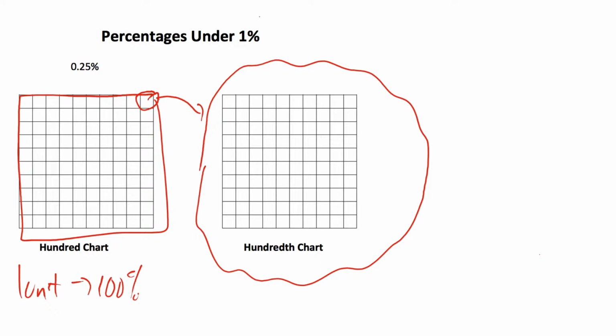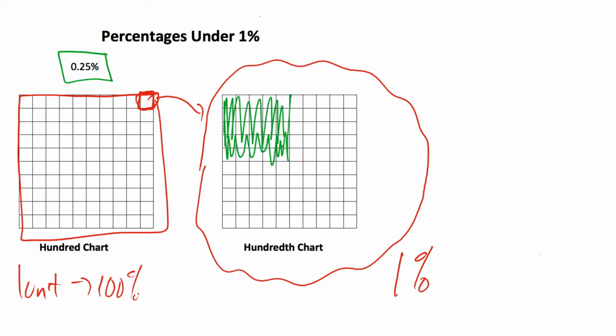So think of this little square being divided into 100 squares. What I have over here on the right is my 1%. If I wanted to talk about 0.25%, that would be 25% of the 1%, which back on my original diagram would be 1/4 of the 1%.